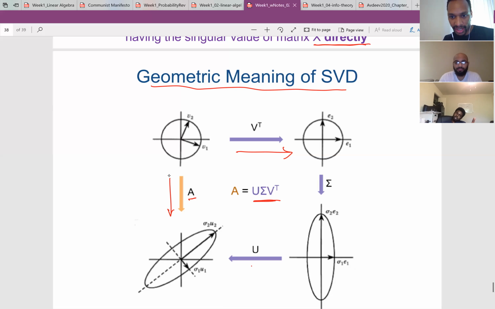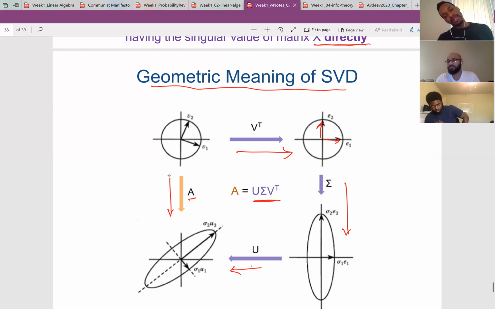So this is something, and then the singular values is the scaling, and then the U is the rotation. I'm not sure what this is, I guess this is like getting them into their X and Y components or something. Oh, that's the change of basis. I don't know, that's rotating the axes. Okay.